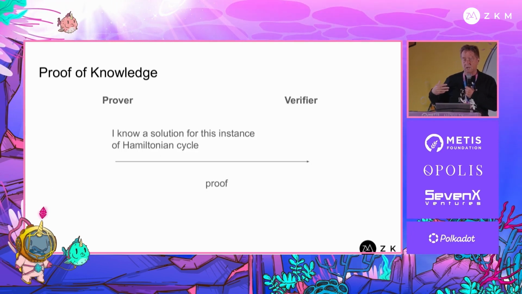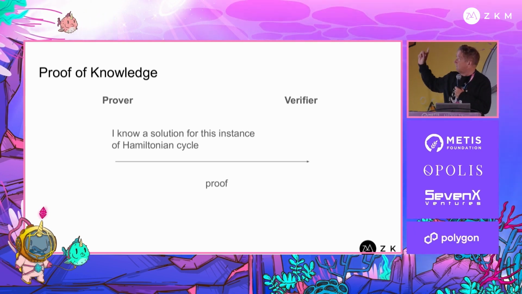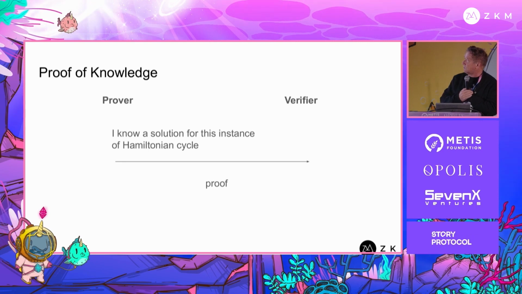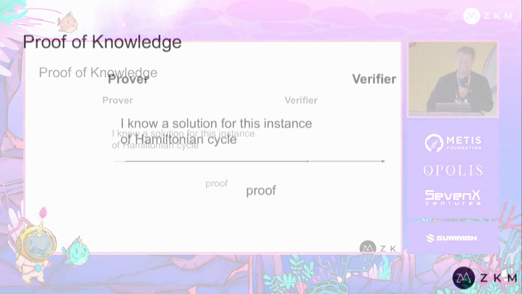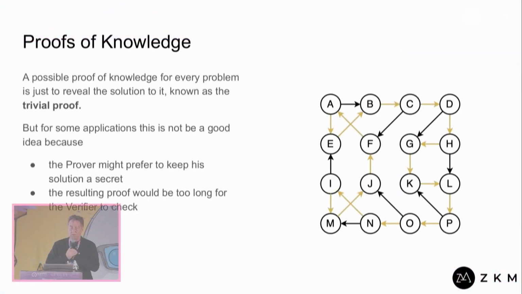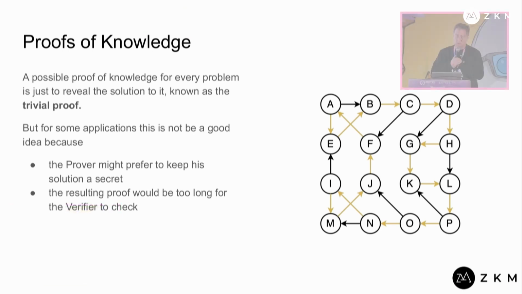So the context that we have is a prover and a verifier, and the prover says, I know a solution for this instance of a Hamiltonian cycle, and it provides the proof. Now, for every proof of knowledge, there exists the trivial proof, which is just the full answer.